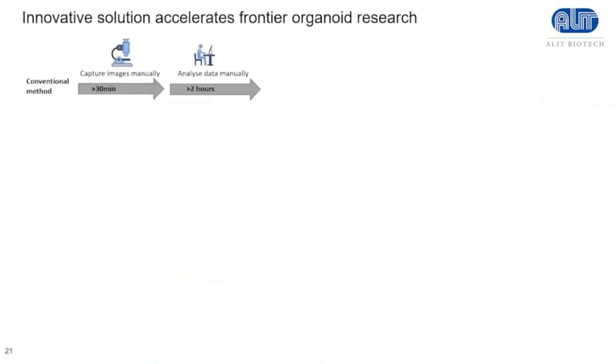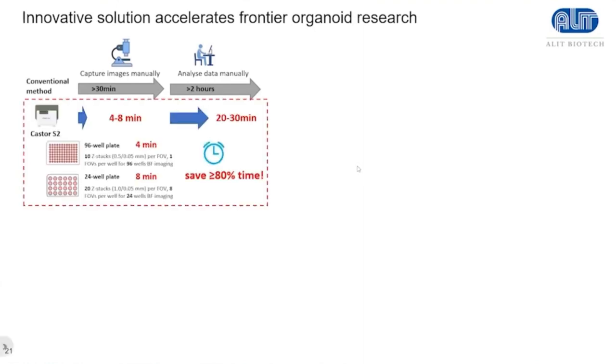So to summarize the CAST-S2 features, compared to traditional methods, CAST-S2 is capable of imaging and analyzing a 96 well plate in 30 minutes, with bright field imaging taking only 4 minutes. This is a time saving of over 80%.